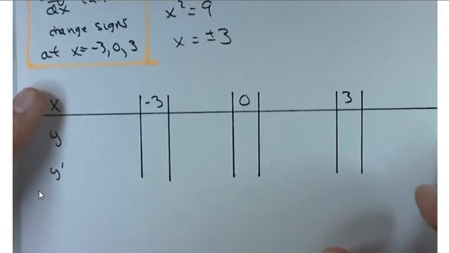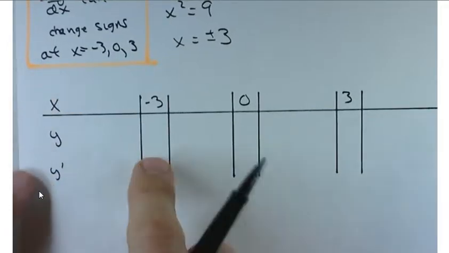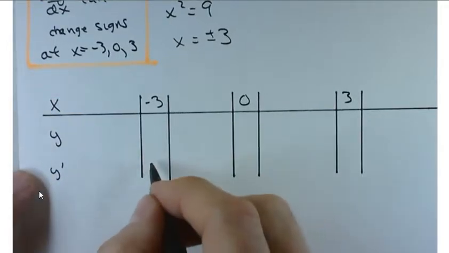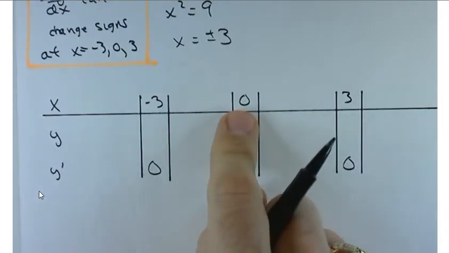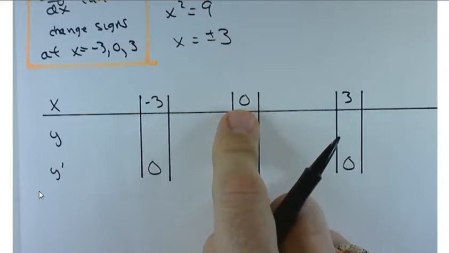Now, a little bit of mathematics notation here for us. At negative 3 and 3, the derivative is 0. But what about at 0 itself? What can you tell me about the derivative there?